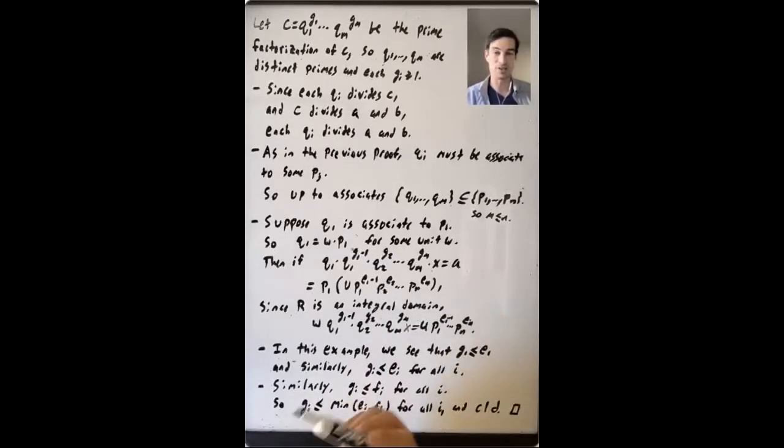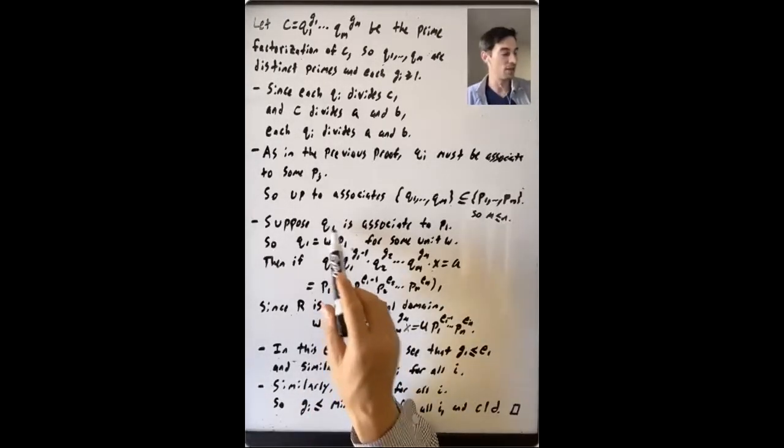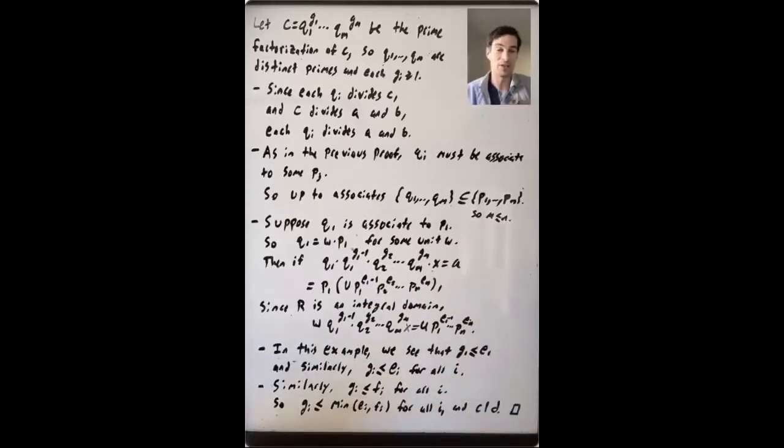And now you just do the exact same thing, but instead of with Q1, with Q2, which after rearranging in the appropriate way, you can say that Q2 is associate to P2 or whatever. And you see that Gi is less than or equal to Ei for all i. So what are we seeing? Same idea.